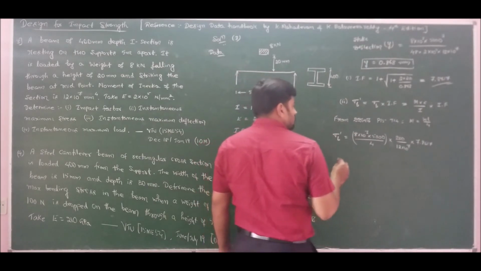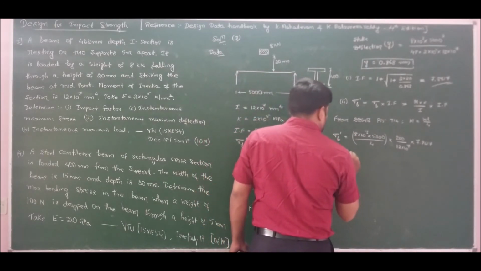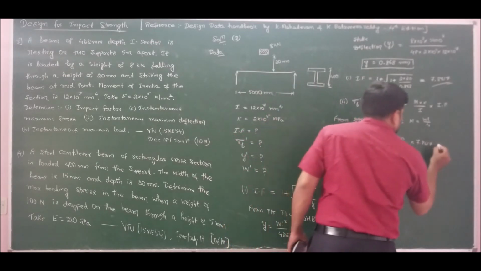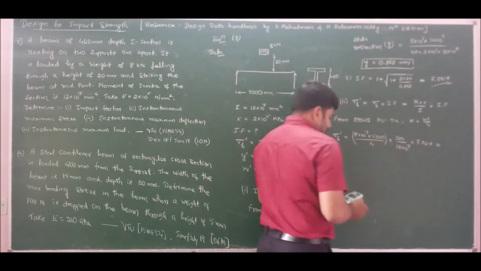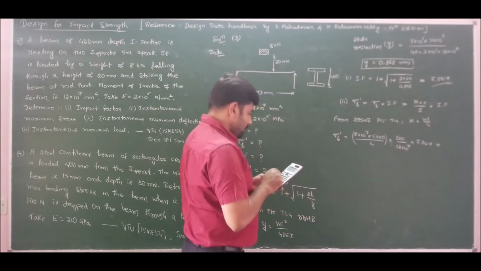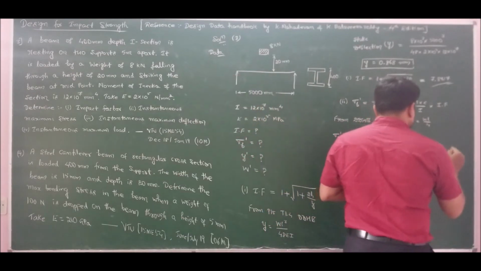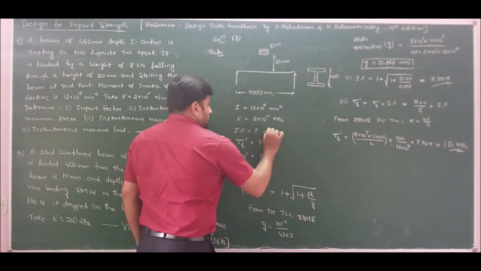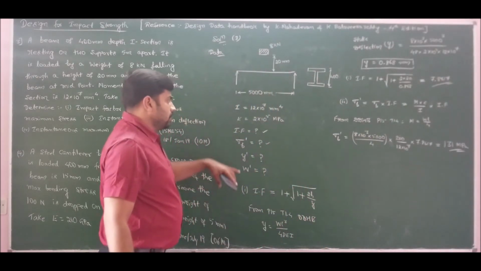Therefore the instantaneous maximum bending stress sigma b dash will be 131 megapascals. So we have calculated both the impact factor and the instantaneous maximum bending stress.